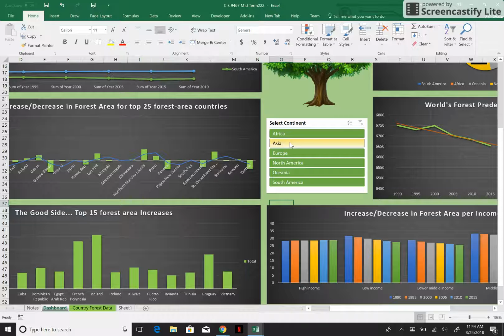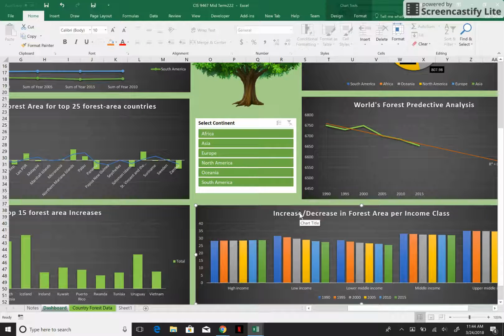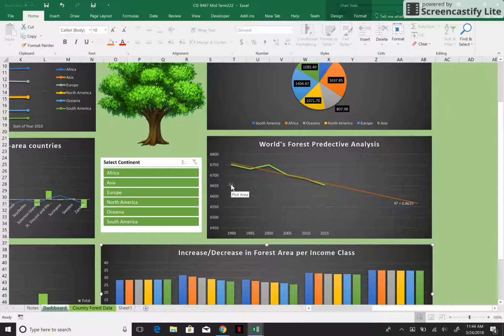And this validates our data because we've seen some countries that are decreasing in forest area. We can link that between their income classifications and validate if we expect this result or not.